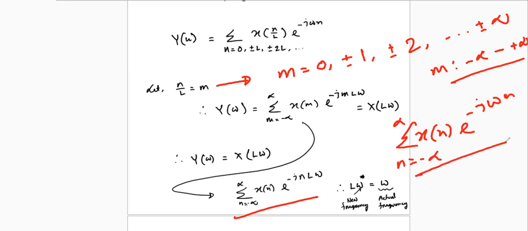If you consider this with this one, is it inconvenient if I choose this m as n? If I choose it like this, is there any problem? Sir, in that case, I think I got confused because in the later portion, in the arrow marked 1, you wrote e to the power minus j n L omega.